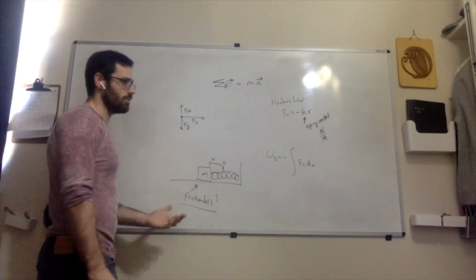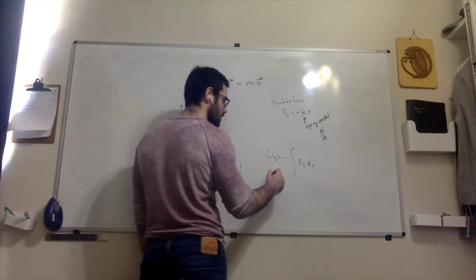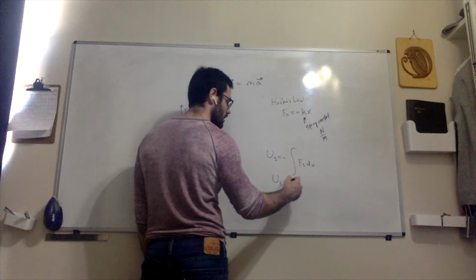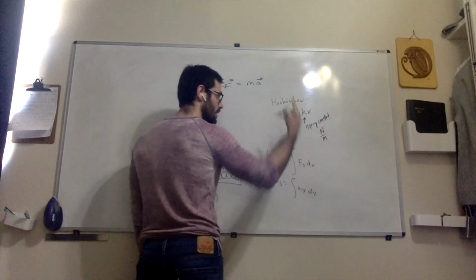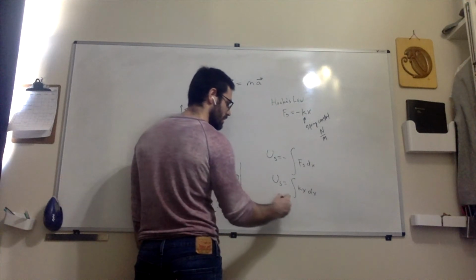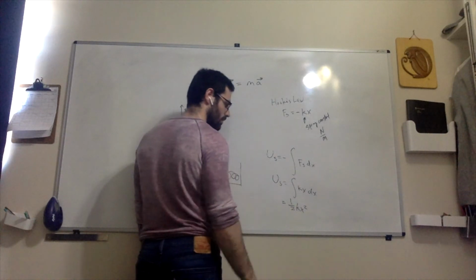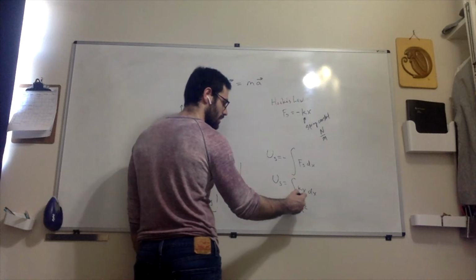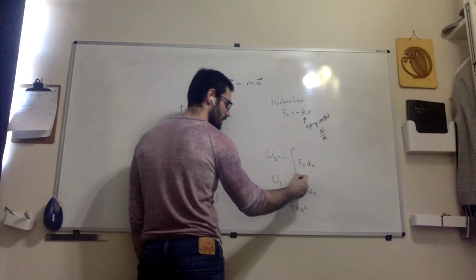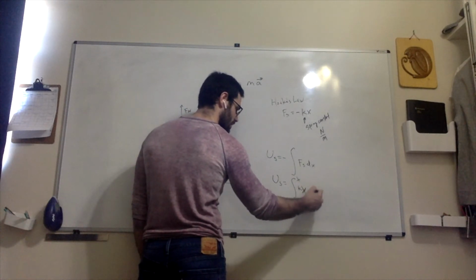And if we look at this pretty carefully, what we'll notice is that we get U_s equals just the integral of kx, because we get some negatives canceling out here, and that's equal to 1/2 kx squared plus C, but here we're going to say over the full length of displacement from 0 to x, and we'll say this is big X there.